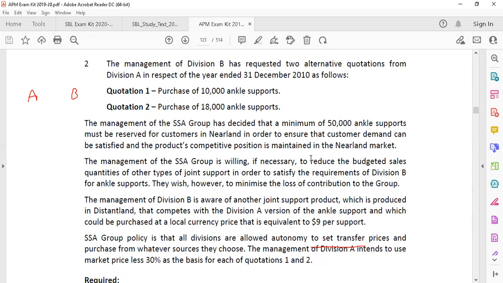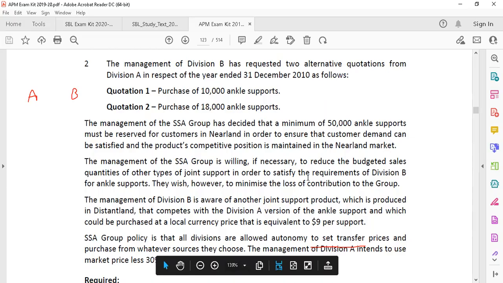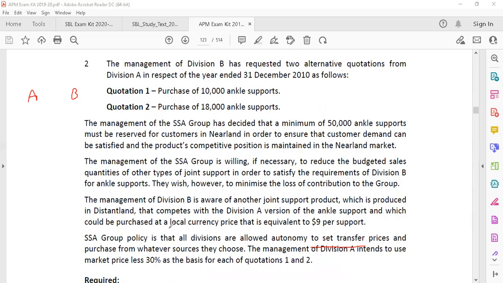So that's one set of information. Another part says that an alternative solution is also available, wherein there is a local supplier in a distant land ready to offer these support products at $9 per support. That's another aspect we have to consider.